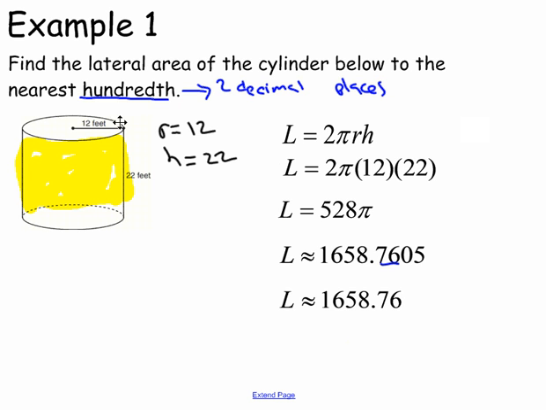But they're not asking for that here. They just want the lateral area, and it's this here. And if you are going to talk about units, your units here should be feet squared because it's an area problem. So remember we said earlier that the units for area are squared.